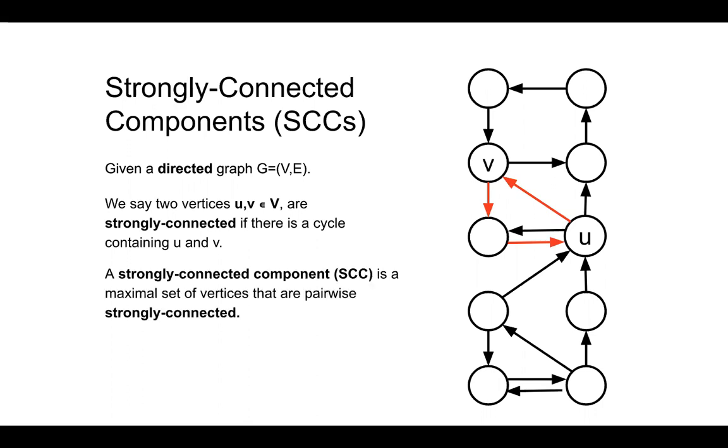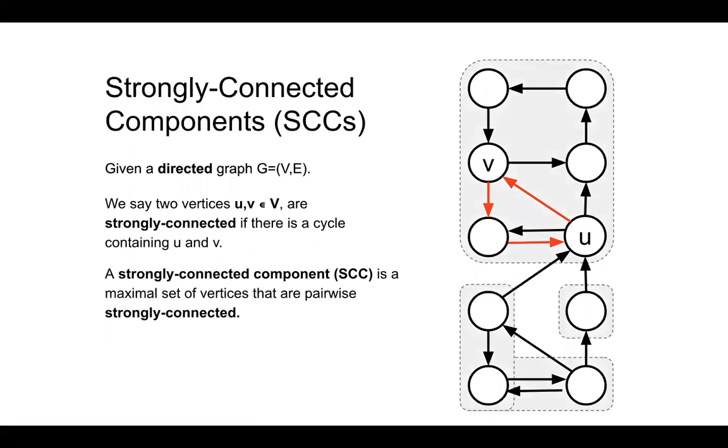Now, the strongly connected components, the SCCs, is just a partition of the vertex set of the graph into maximal sets of vertices that are pairwise strongly connected. So what does that mean?